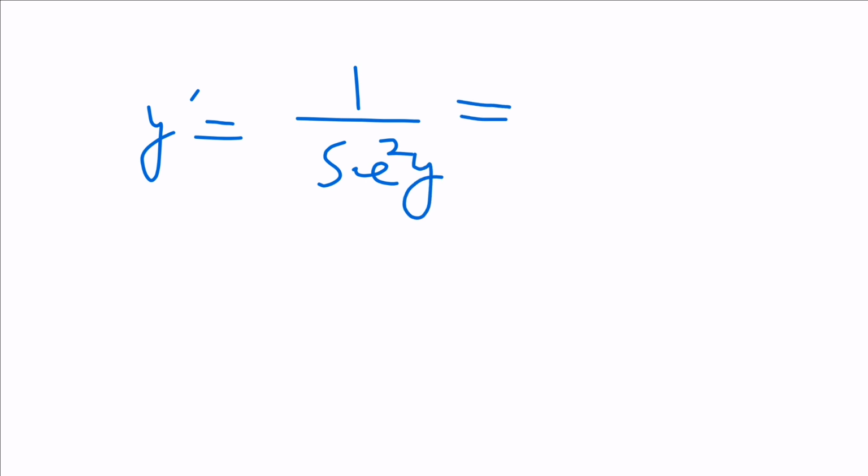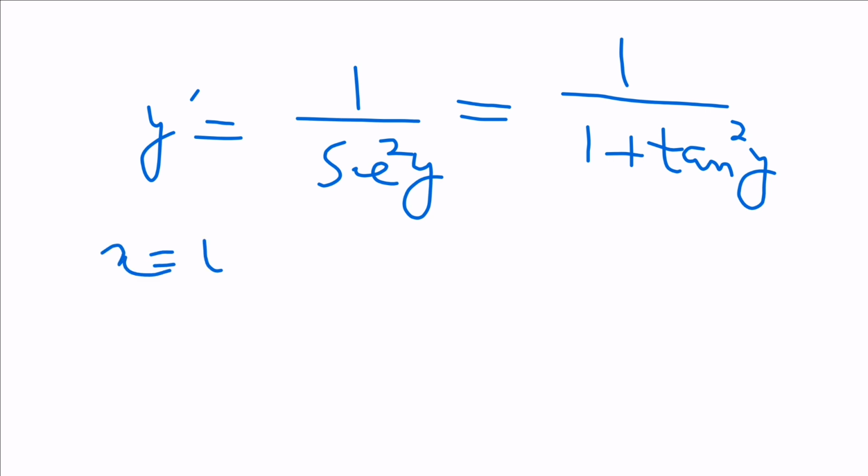So y dash is equal to 1 over secant square y. But we know that secant square y is equal to 1 plus tangent square y. But now we know that x is equal to tangent y.